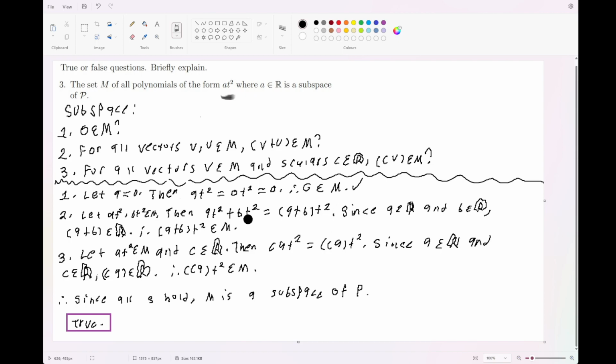You just factor out the common t squared, and then what you want to check is if I add a plus b, is that still within our space here, which is a is an element of R. So since a is an element of R and b is an element of R, a plus b is going to be an element of R, right? That's just the property there. And so this is just going to be an element of M as well, as defined here. Okay. Similarly for multiplication, we're going to use the definition here. We see that for all vectors v element of M and scalars c element of R, cv is an element of R.